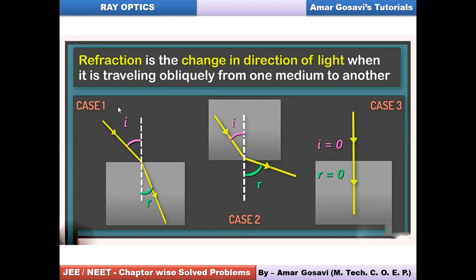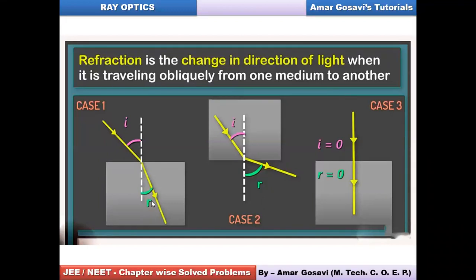Now let's talk about case 1. In case 1, the ray is traveling from rarer to denser medium, therefore the ray is bending towards the normal, you can see. And therefore i is greater than r for case 1.